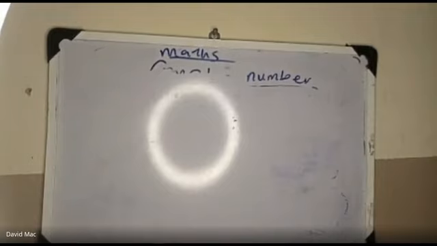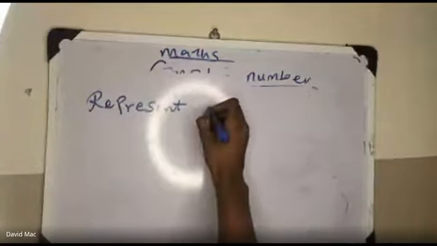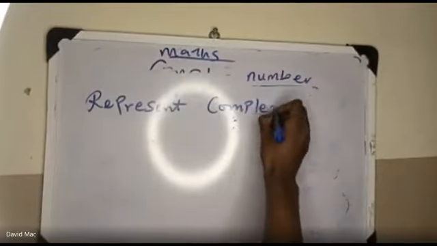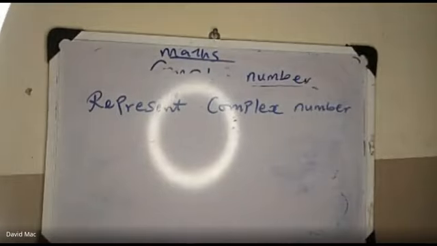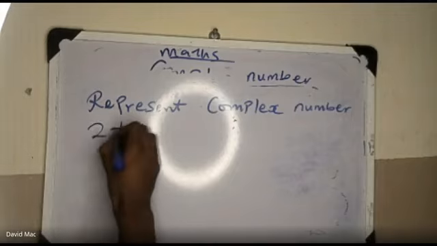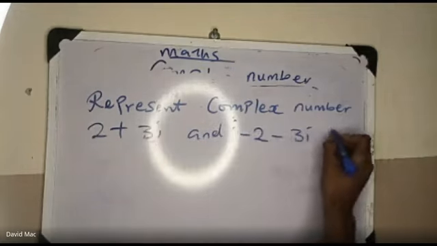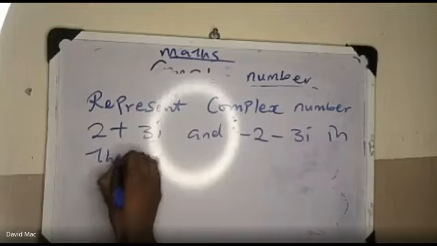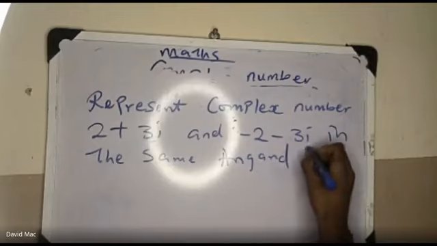So let me give you this one. They say represents, this is just the equation, represents complex numbers. I believe everybody can hear me, right? Can everybody hear me? If you can hear me, please raise your hand. Represent complex numbers 2 plus 3i and minus 2 minus 3i in the same Argand plane.